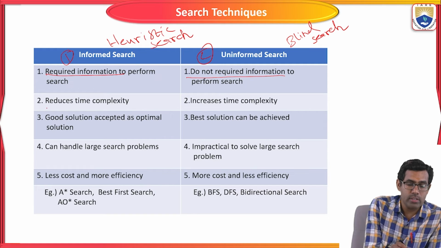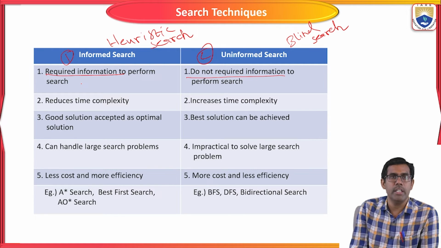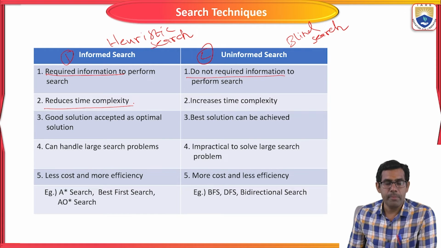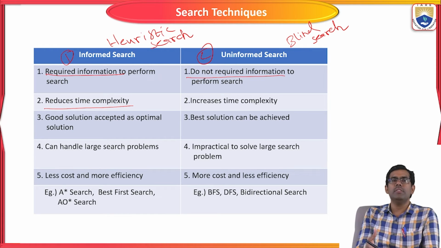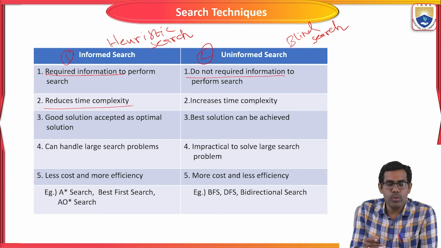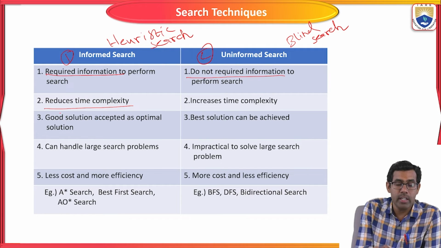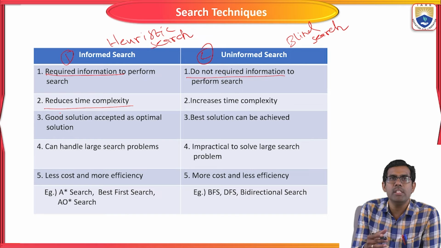The second point: based on the required information, informed search reduces the time complexity. Because we already have enough information and data, based on that we perform some operations, so we don't need much time. The time complexity is very low if you choose informed search.